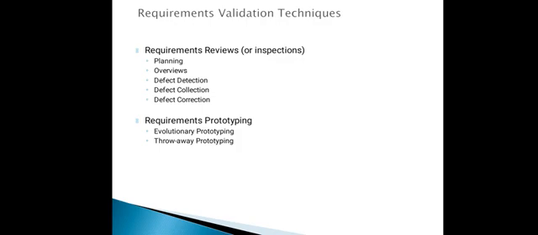Evolutionary prototyping is designed according to the requirements agreements between software engineers and customer. Throwaway prototyping is just to understand the customer's needs, and when both software developers and customer agree over a mutual set of requirements, then the prototype is discarded.